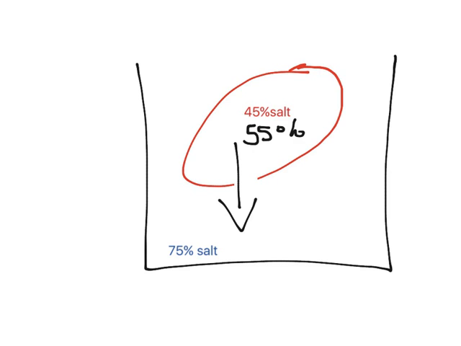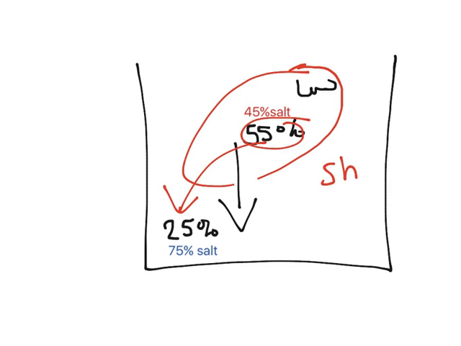And outside of the cell here, if it is 75% salt, it is 25% water. So it's moving from low salt to high salt. It's actually moving from high water here to a low water concentration here. This means that the cell is going to shrink, and it is a hypertonic solution.